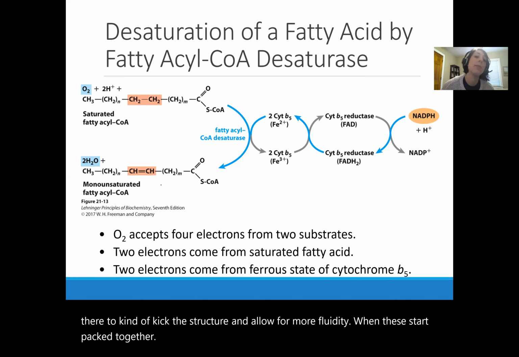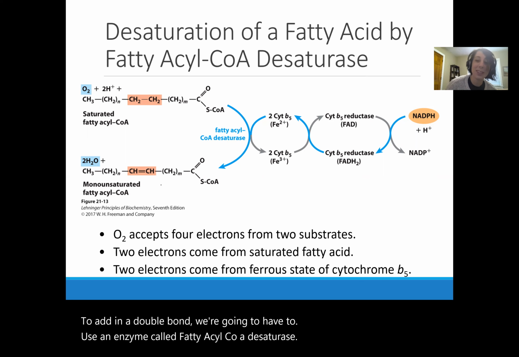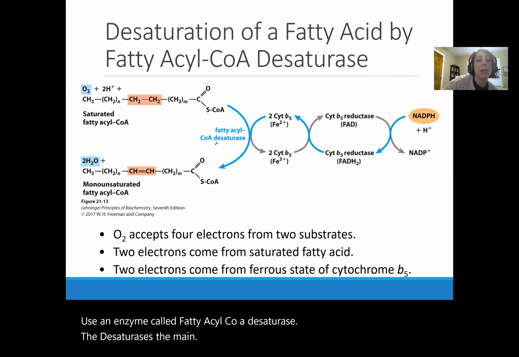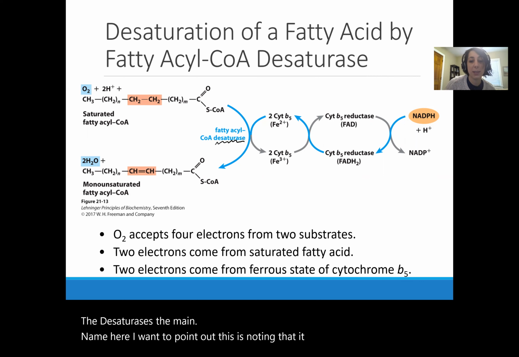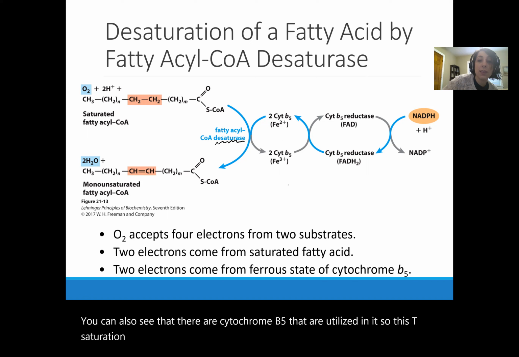To add in a double bond, we're going to have to use an enzyme called fatty acyl-CoA desaturase. The desaturase is the main name here I want to point out. This is noting that it is desaturating the lipid. You can also see that there is cytochrome B5 that is utilized in it. So this desaturation is occurring through the redox reaction of an iron in a cytochrome B5.